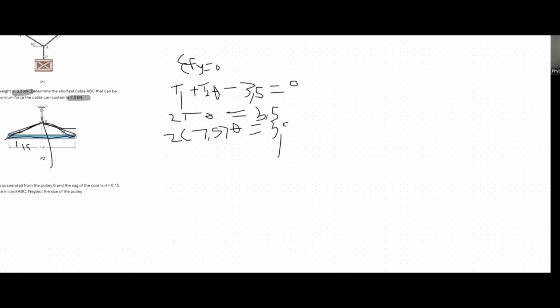When we say 2 multiplied by 7.5, it gives us 15. We are going to divide both sides by 15. When you say 3.5 divided by 15, it's 0.2333. So our sin theta equals 0.2333.